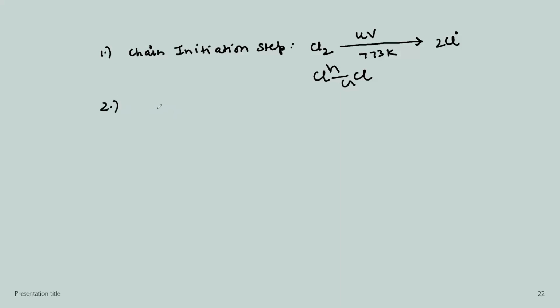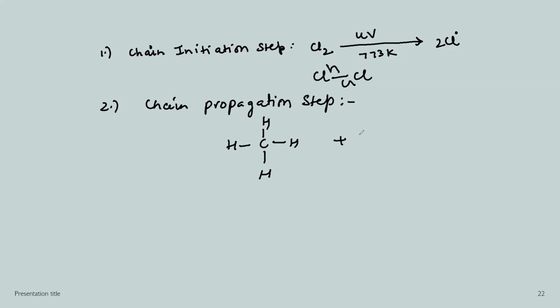Let me write here, chain propagation step. We will take a methane molecule, and next we have a chlorine radical. The chlorine radical formed in the first step will react with the methane molecule.